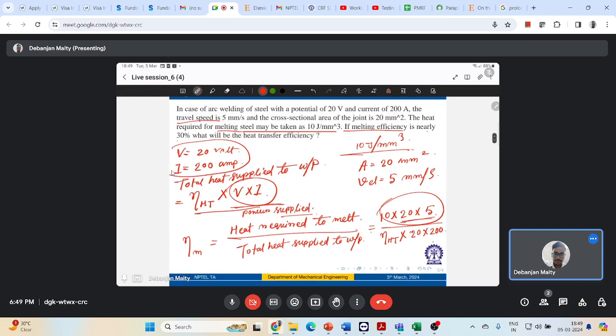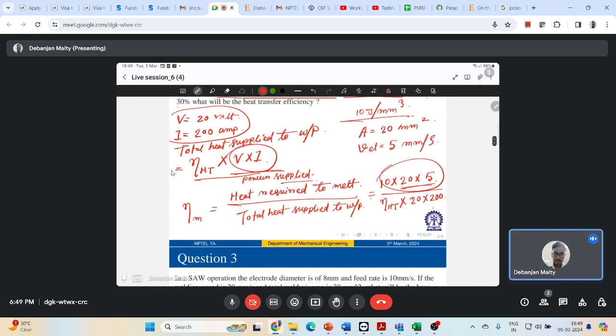So I have told that melting efficiency is 0.3. My melting efficiency is 0.3, and this will be 200 into 5 divided by heat transfer efficiency into 20 into 200.